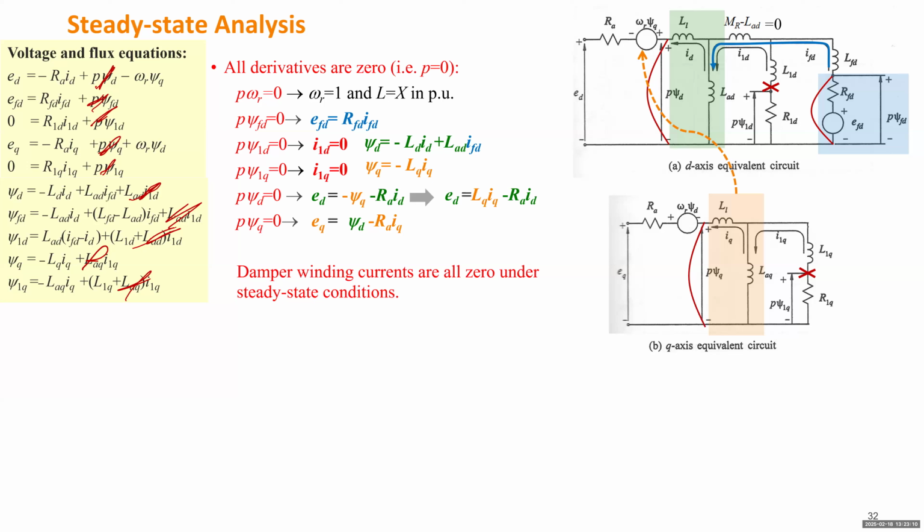Similarly, for the Q axis, those two terminals actually have a short circuit connection. And that makes the voltage in the Q axis for the terminal only depend on the voltage drop on the resistance and also a source proportional to the flux linkage in the D axis. So this one will come from this green branch.